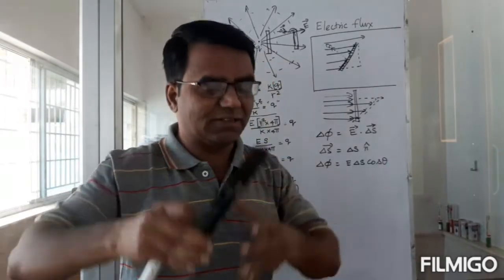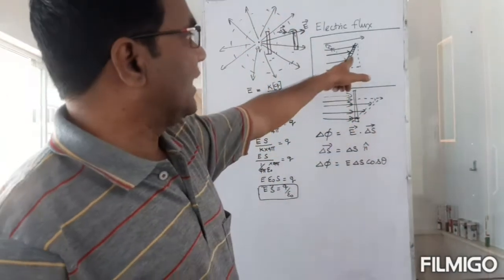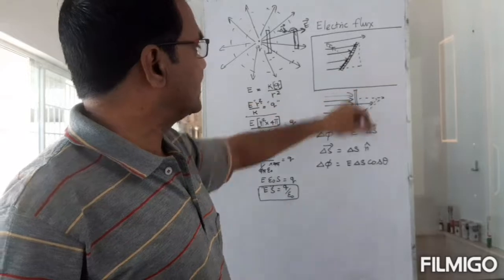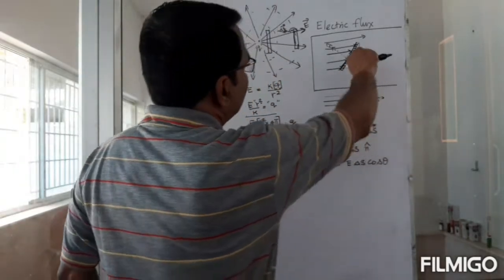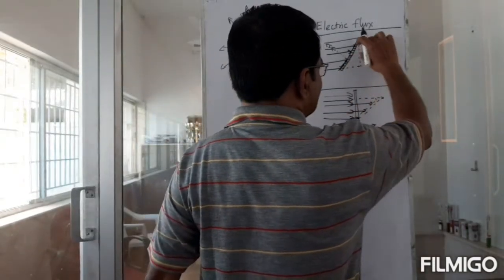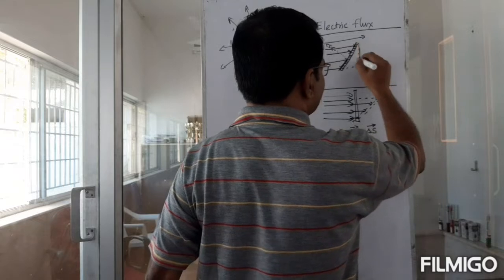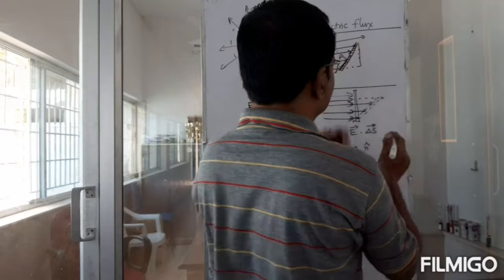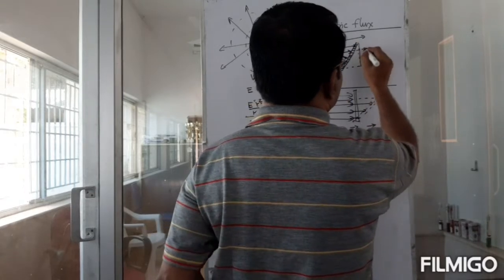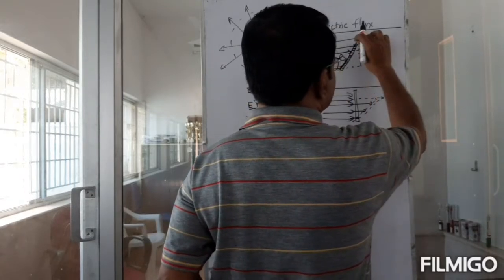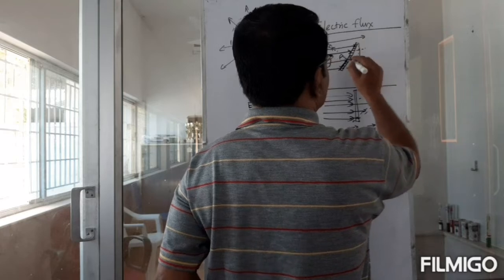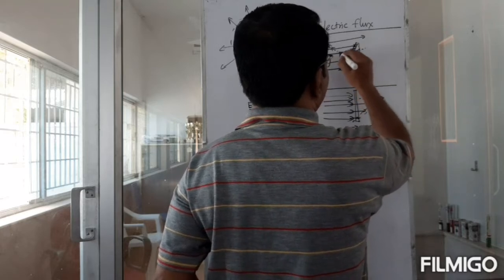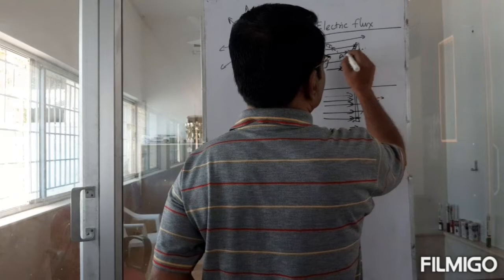I hope you understand what I'm saying. If that is the case, then how do I calculate this area? This is A, the entire area. And what would this be? I need this one, right? So what is the angle between these two things now? This is the angle, right?